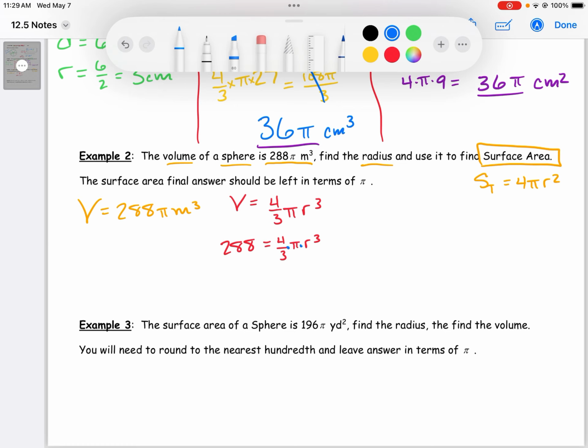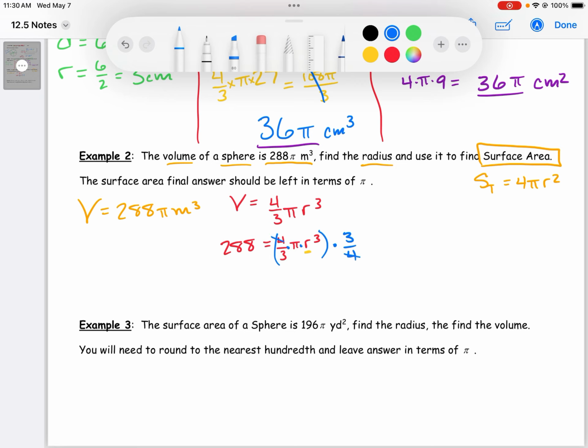So right now on this right side, I am multiplying by 4/3. So I want to get everything away from this R. I'm trying to get the 4/3 moved. I'm trying to get the pi moved. I'm trying to get the exponent of 3 gone.